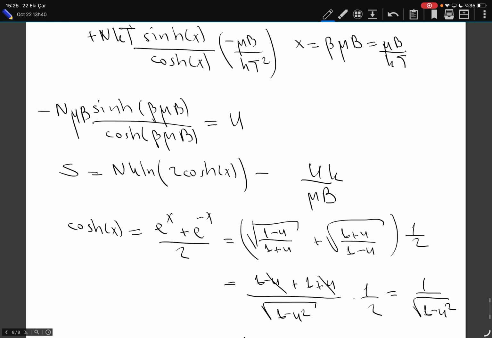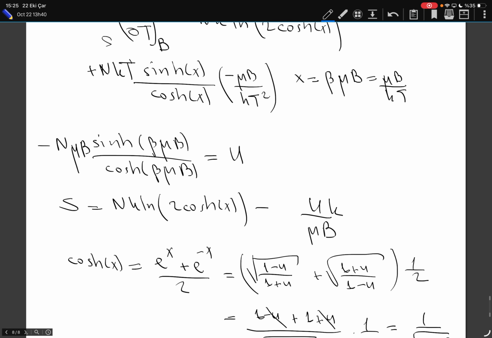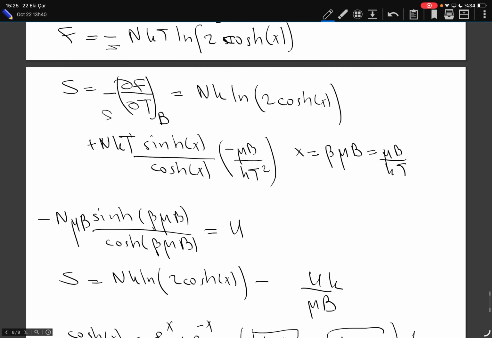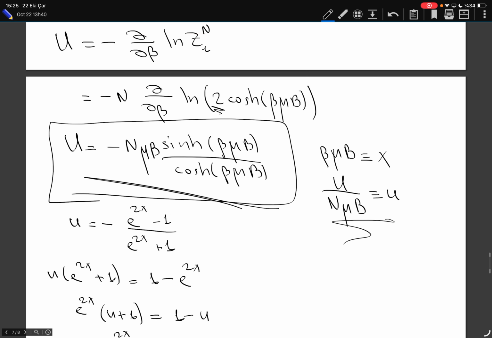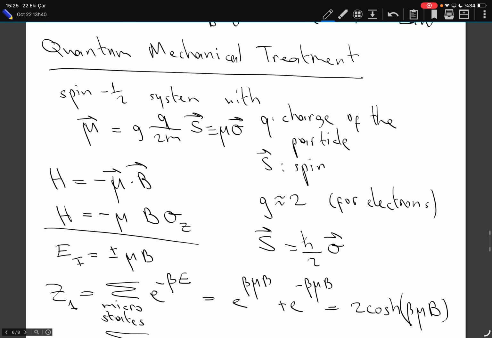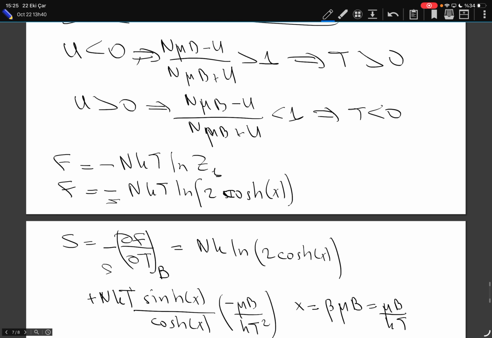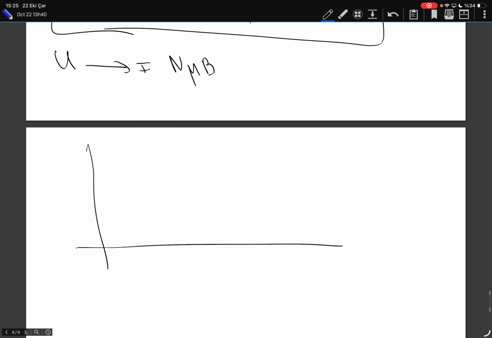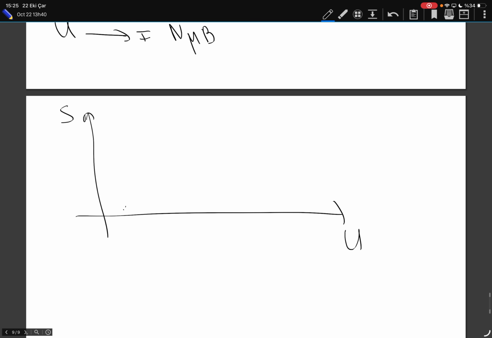Okay, so there's still some more work I have to do over here. It wasn't so trivial, but anyway, if you do the exercise, you should find that entropy as a function of U should have this behavior.